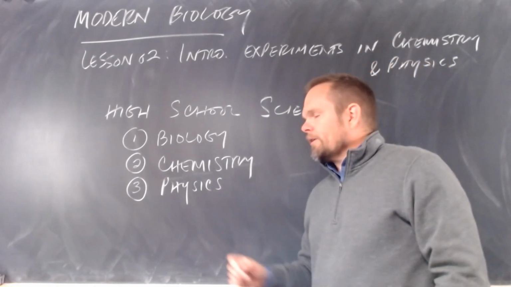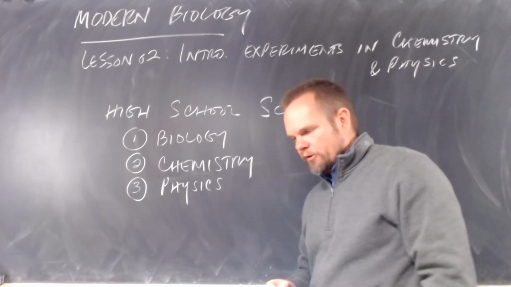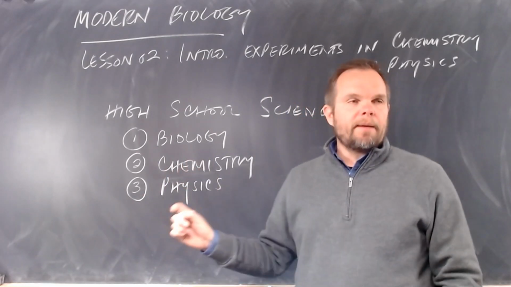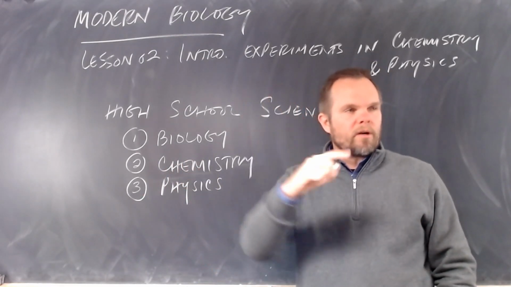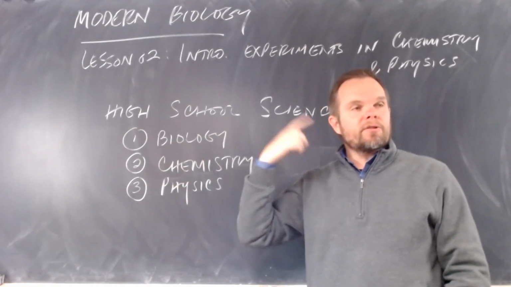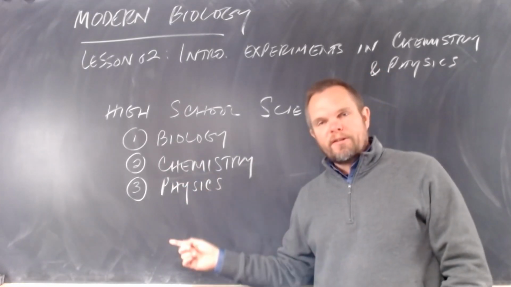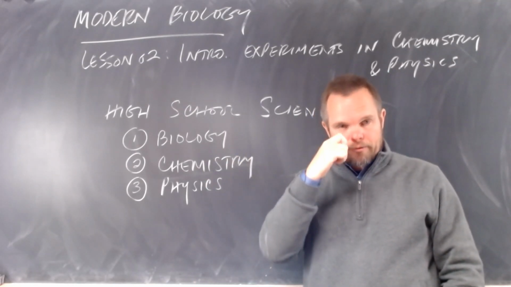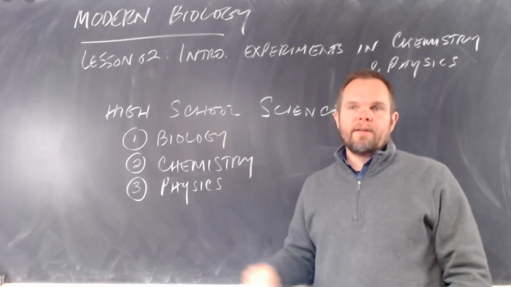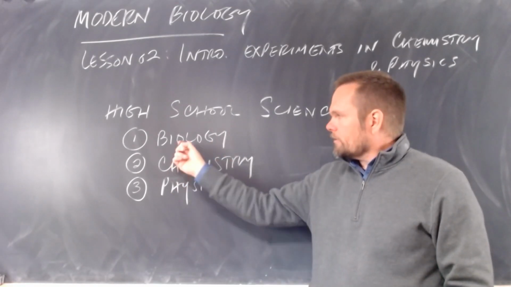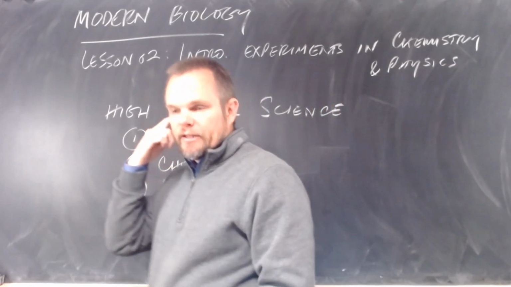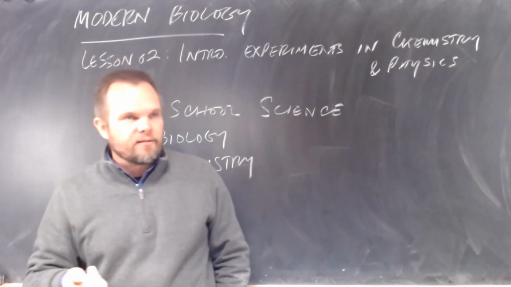One thing I mentioned, I think in our first lesson, our first biology class, is that even though these are 3 separate subjects, they all work together, right? If you understand chemistry, you'll understand more about biology. If you understand physics, you'll understand more about chemistry. So they all work together. But we're studying biology first, and what stinks about studying biology first is that you haven't studied chemistry and physics yet.